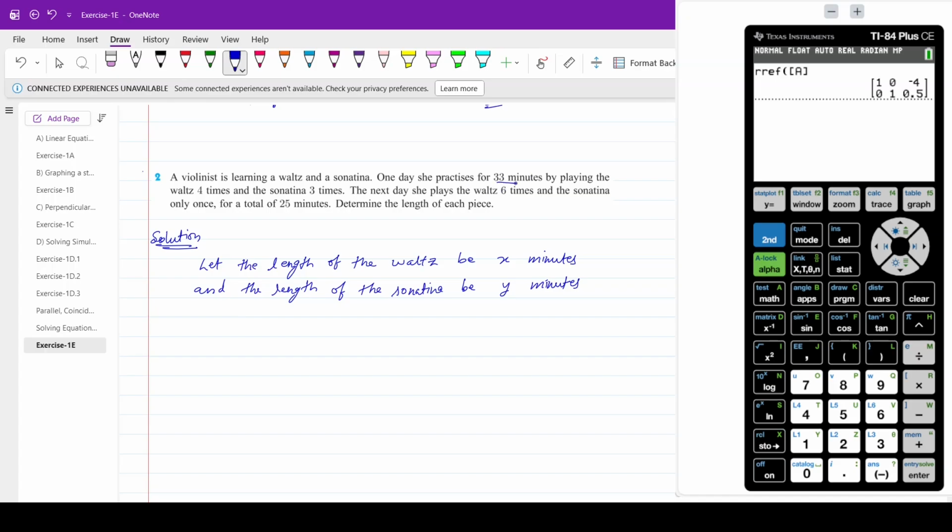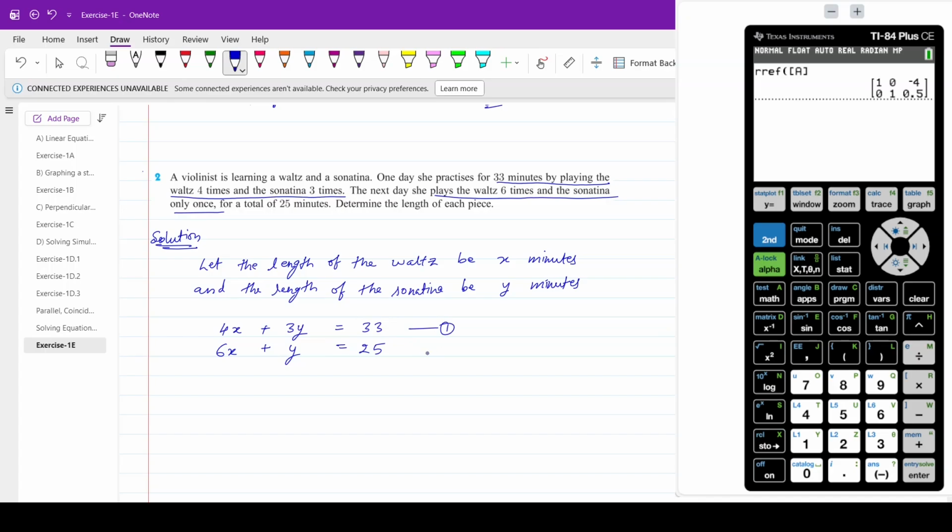So from this sentence we can write that 4x plus 3y is equal to 33, and from the second sentence we can say 6x plus y is equal to 25.